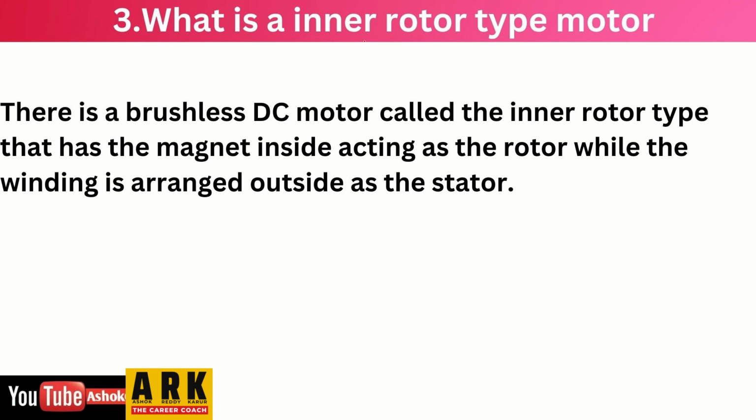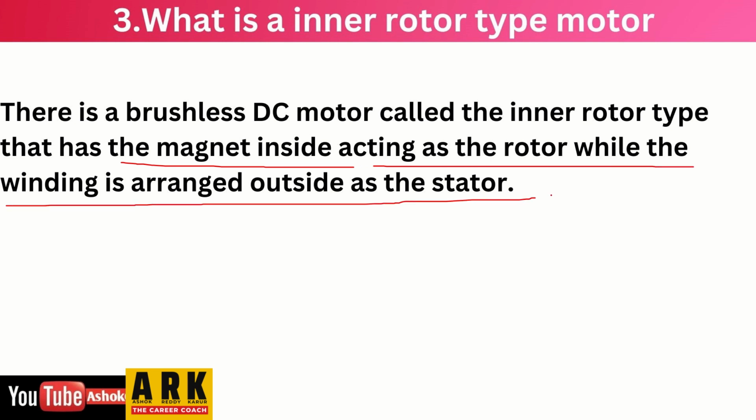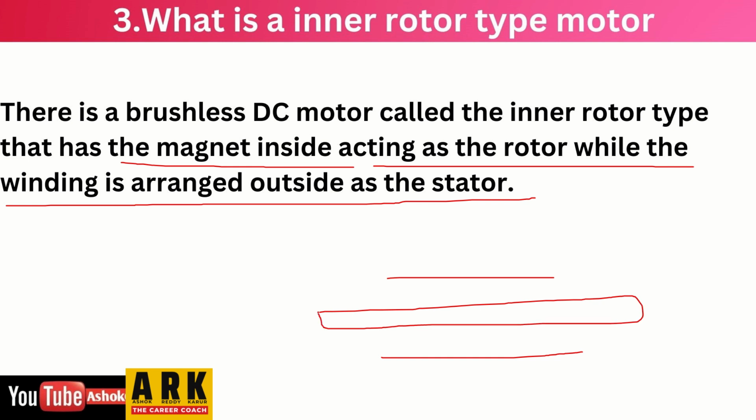In this one we have the inner rotor type motor. The inner rotor type has the magnet inside acting as the rotor, while the winding is arranged outside as the stator.